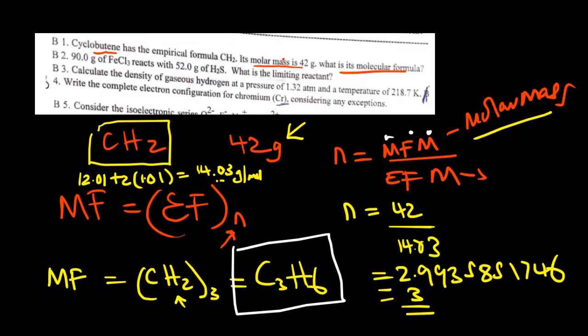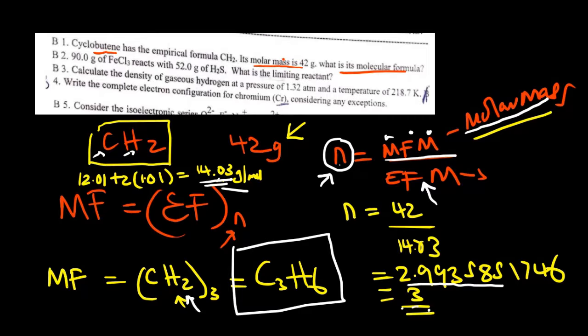So we find the empirical formula mass by adding the molar masses of C and 2 of the hydrogens, and once we get this total, we use it to find this factor, n. We divide the molecular formula mass, which is the same as the molar mass given in the question, by the empirical formula mass that we found. We get 2.999, which we round off to 3, and then we multiply that 3 by the empirical formula in order to get the molecular formula.